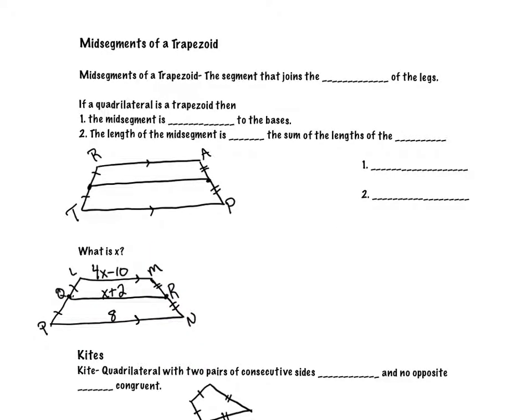Now we're going to take a look at one more property of trapezoids in general, and it involves something we call the midsegment. First, what is the midsegment? The midsegment is the segment that joins the midpoints of the legs.